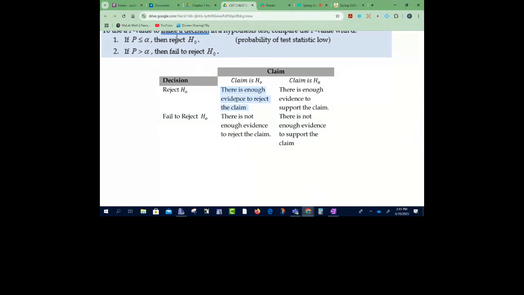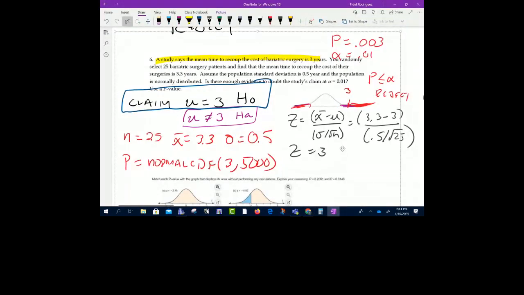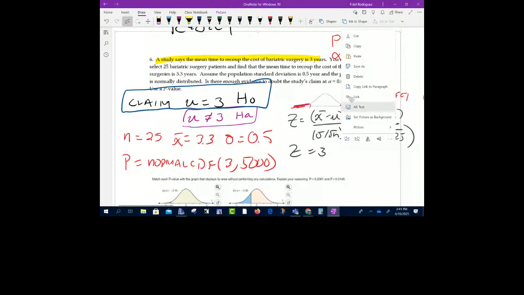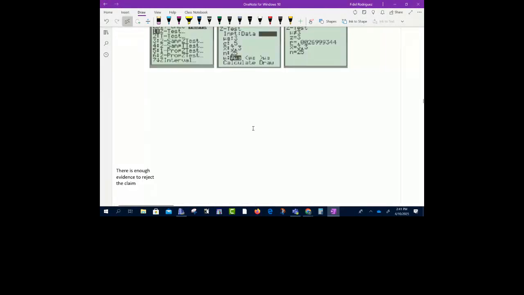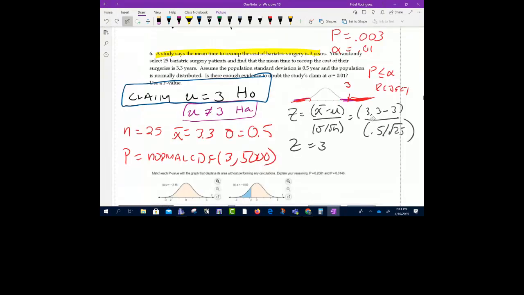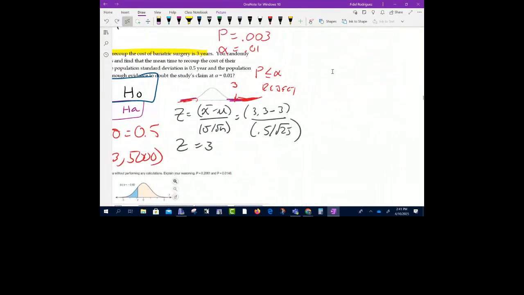There is enough evidence to reject the claim. So right here, y'all, we're going to say, boom. Oh man, that's not where I wanted to do it. We'll put it over here on the side. There we go. There's enough evidence to reject the claim.